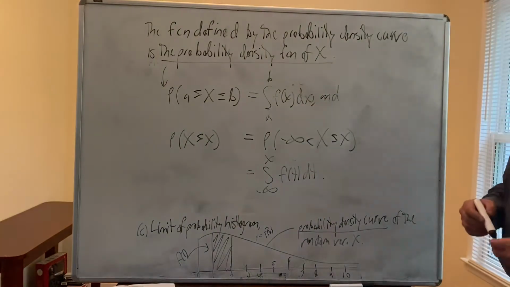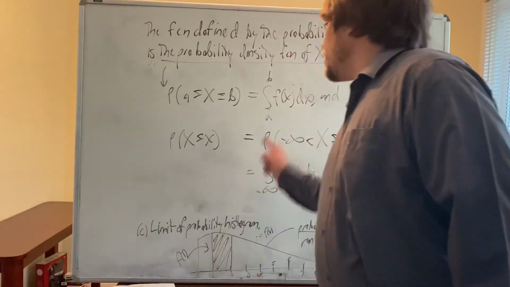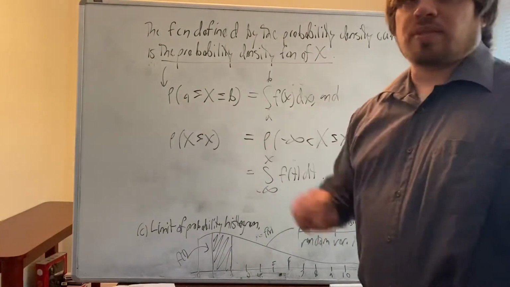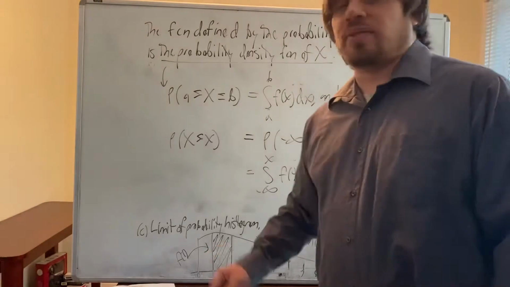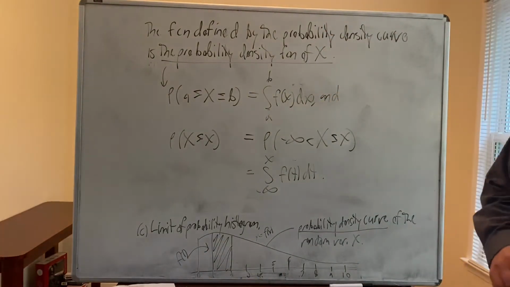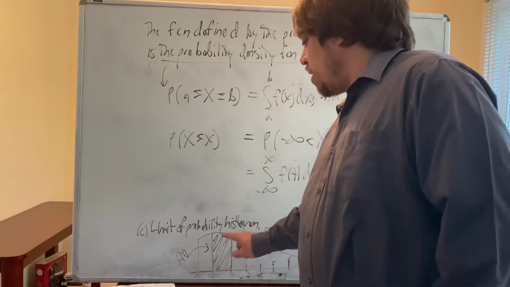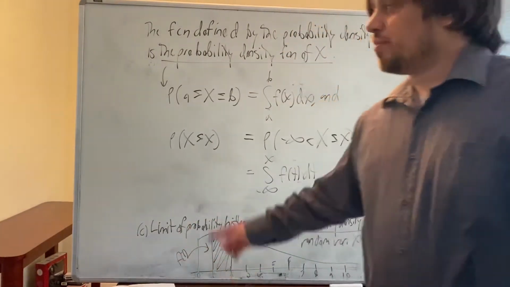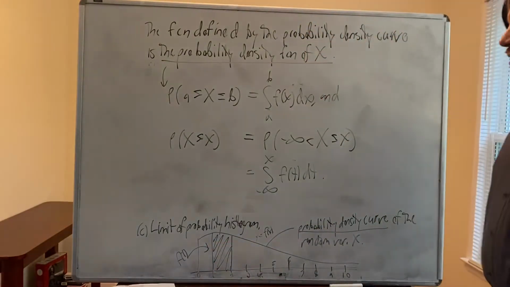The probability that it's in a range of values comes from integrating this function. If you look at any one particular value, though, the probability is 0.